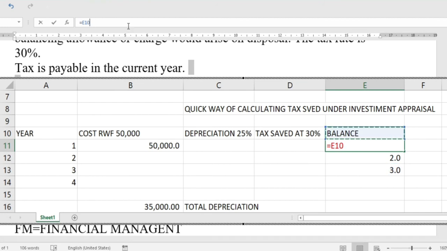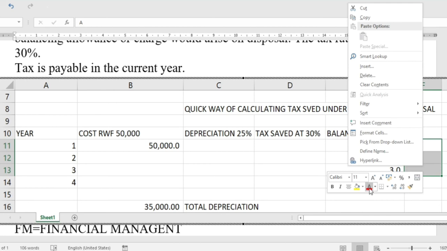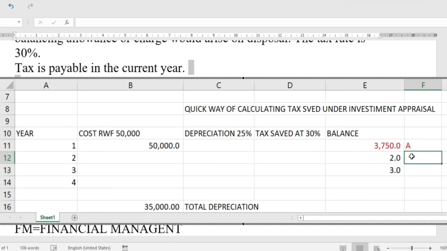I'm going to calculate B and C. How do we get B?